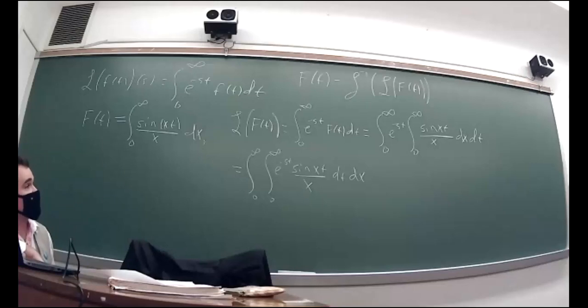If you take some analysis, there is a hypothesis to check there, but the game we're playing is not nitpicking technical hypotheses at this point. We're trying to find a formula, but these steps are legit. And so finally, I'll notice that I can pull the x out of the integral with respect to t.